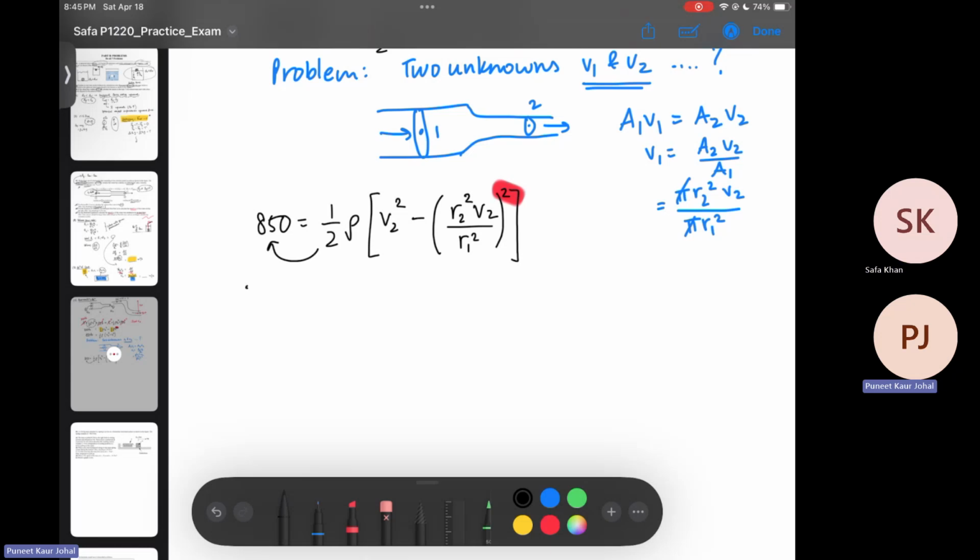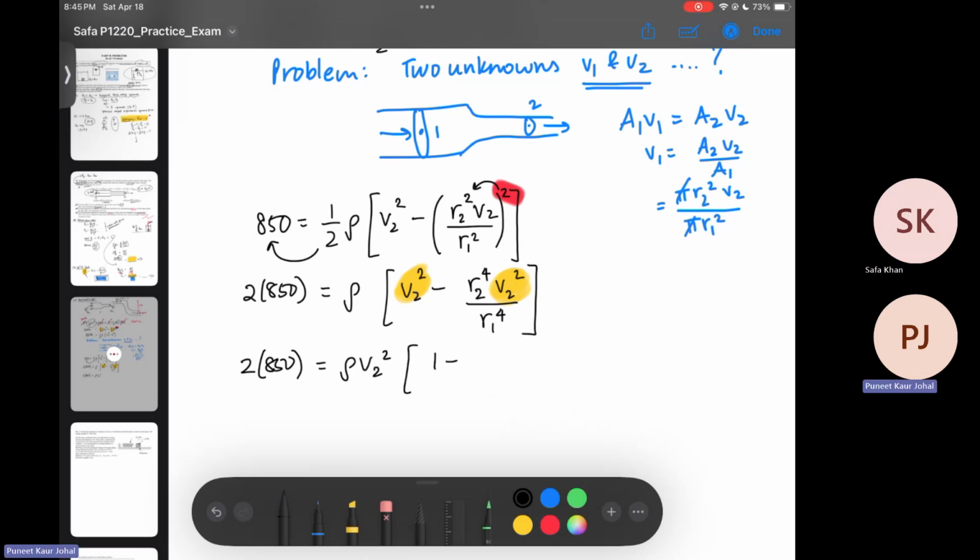So it'll be 2 times 850, and then you'll have rho times v2 squared times r2 to the power of 4, because 2 squared, and then v2 squared over r1 to the power of 4 as well. Now you can see that v2 squared is common in both, so you can just factor that out.